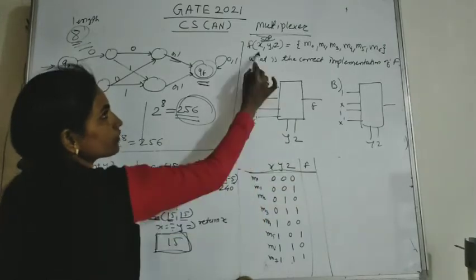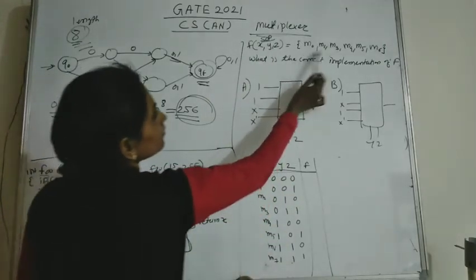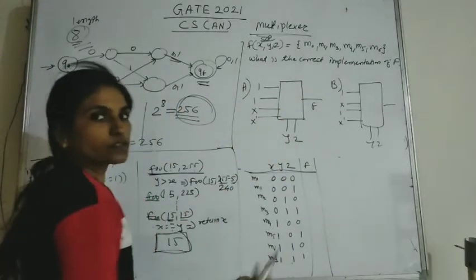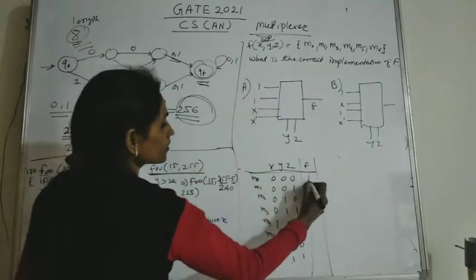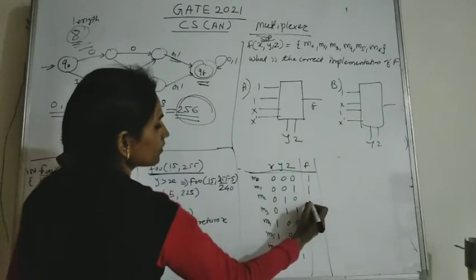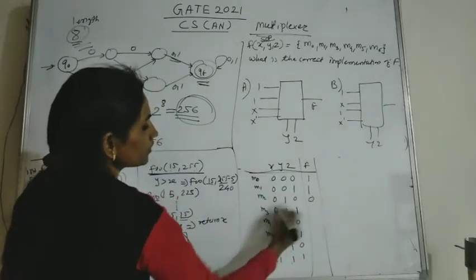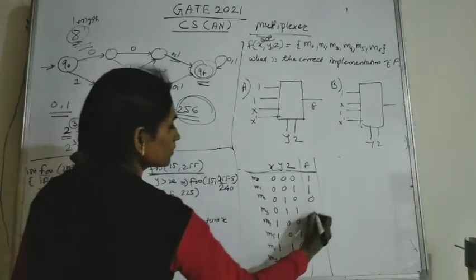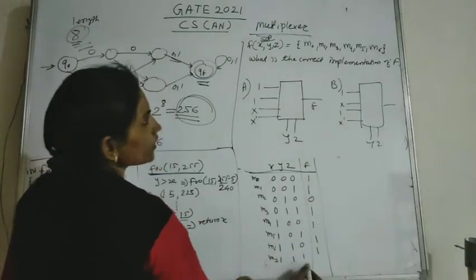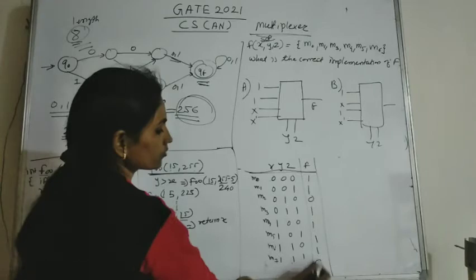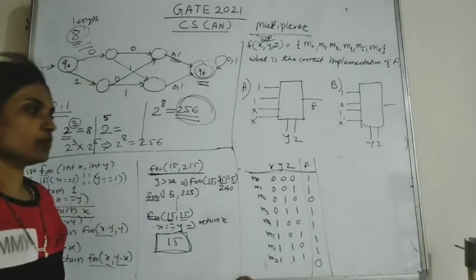We are given the variables x, y, z and the min terms given, that is the value as 1. So m0 is 1 and m1 is 1. As m2 is not given, it is 0. m3, m4, m5 and m6 are 1. m7 is not given, so it is also 0.